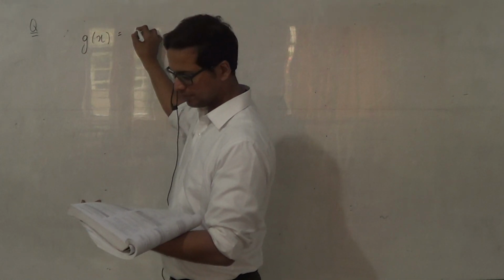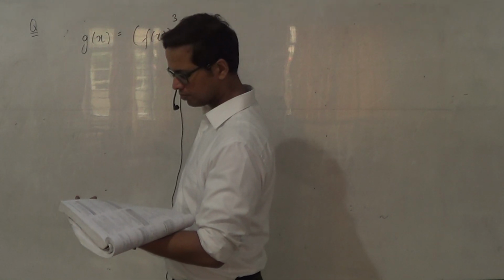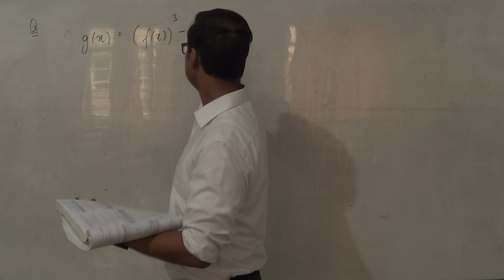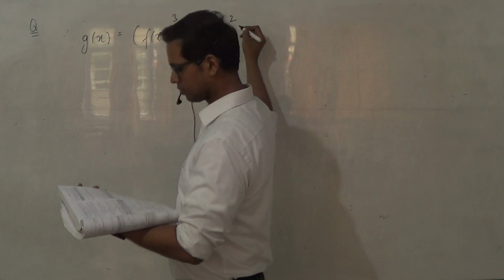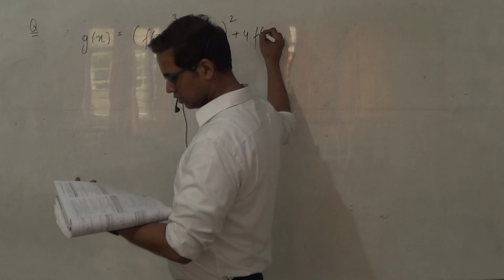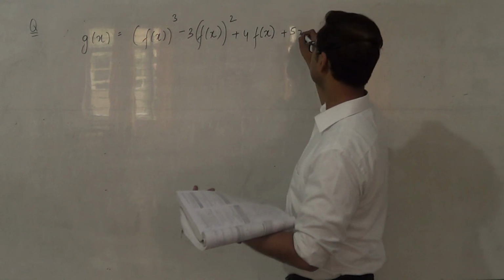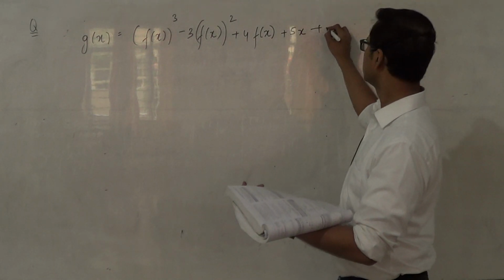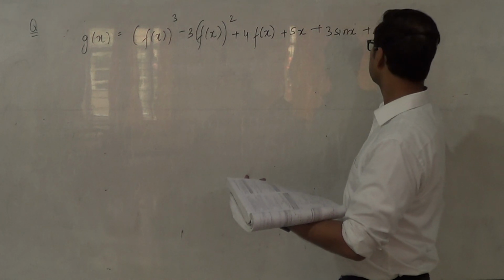Let g of x be f of x whole cube minus 3 f of x whole square plus 4 f of x plus 5x plus 3 sin x plus 4 cos x.